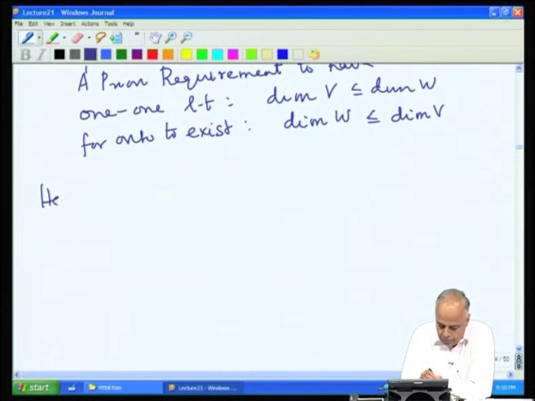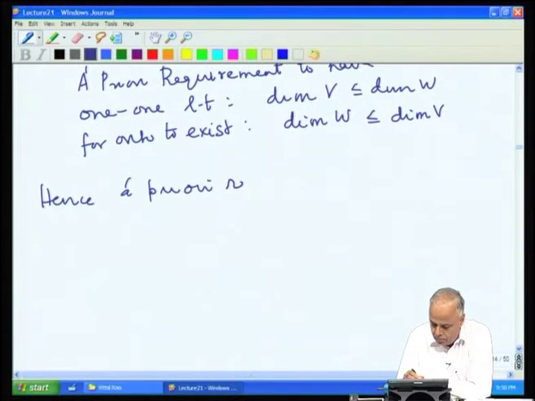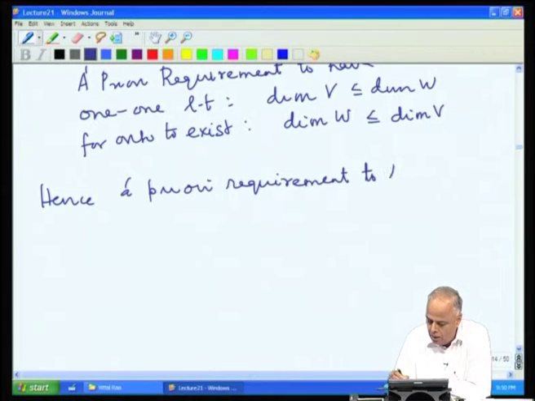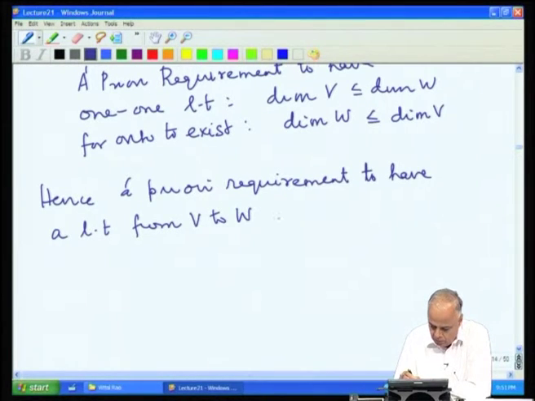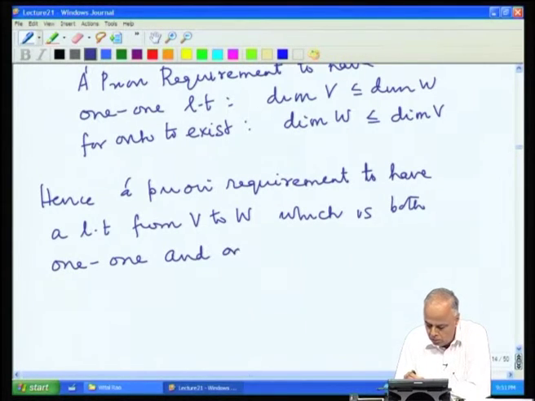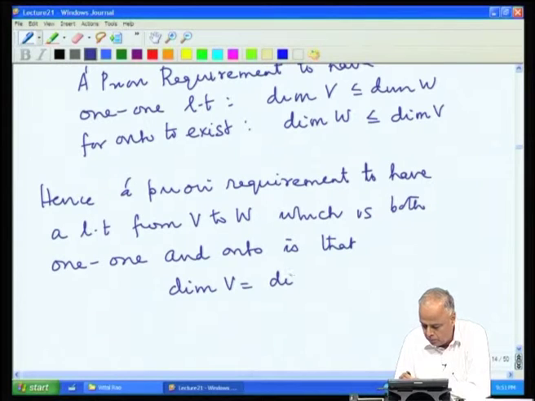So, hence a priori requirement to have a linear transformation from V to W, which is both 1-1 and onto, is that dimension of V is equal to dimension of W.